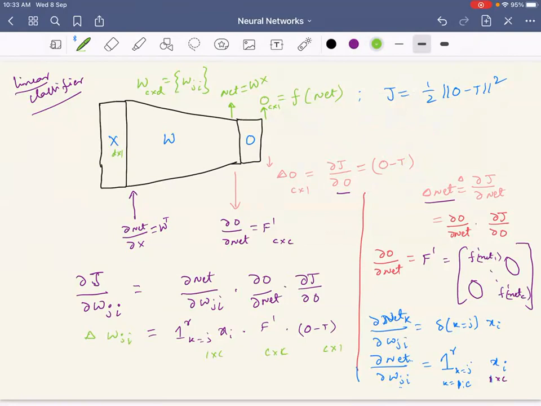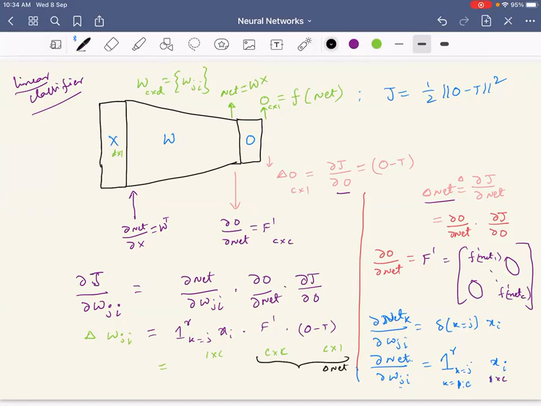Now is this fine? Is it one dimensional or not? ∂J/∂Wj we can also write as f dash into o minus t. What is that, these two things put together? It is nothing but delta net.